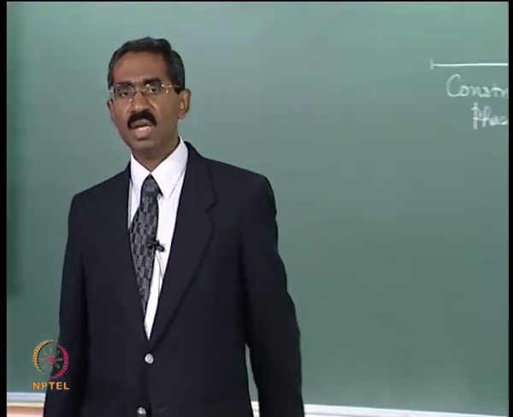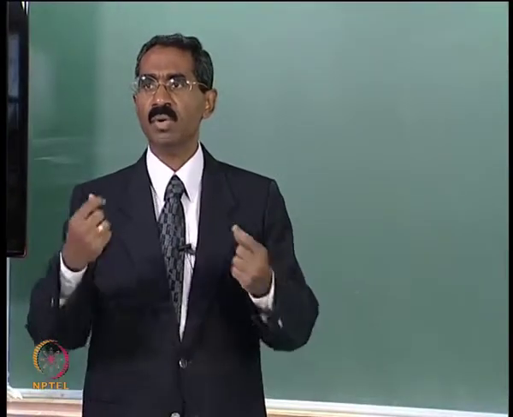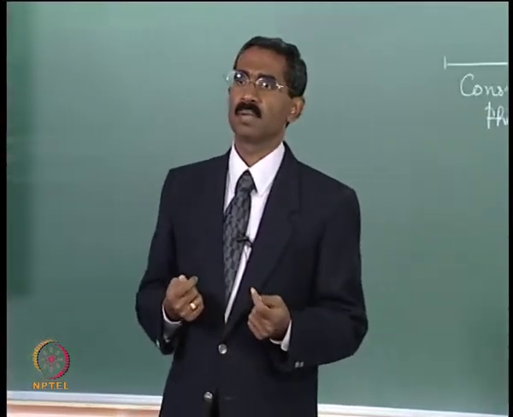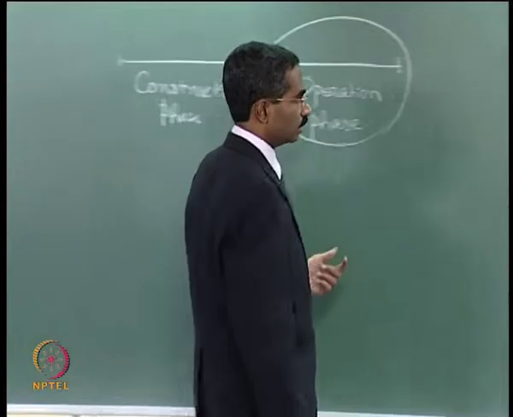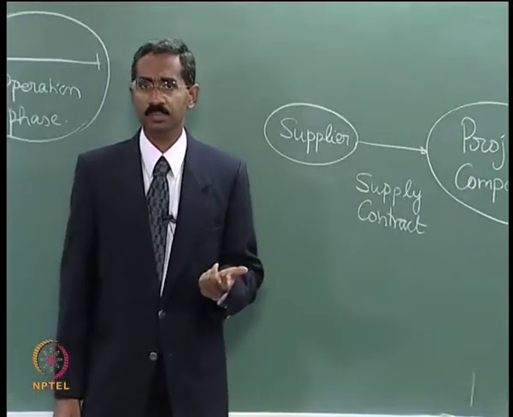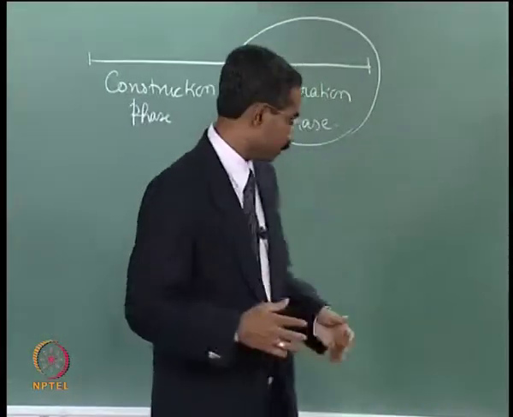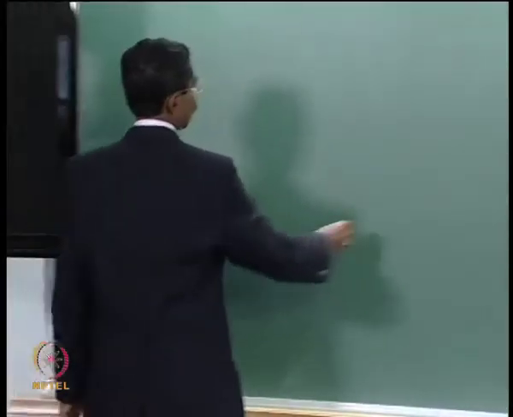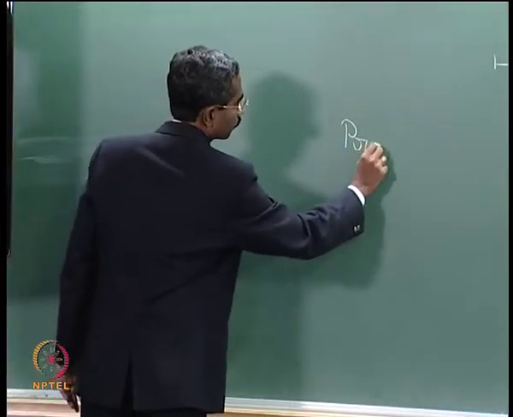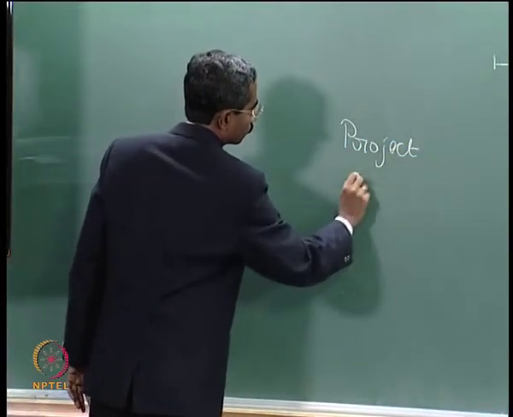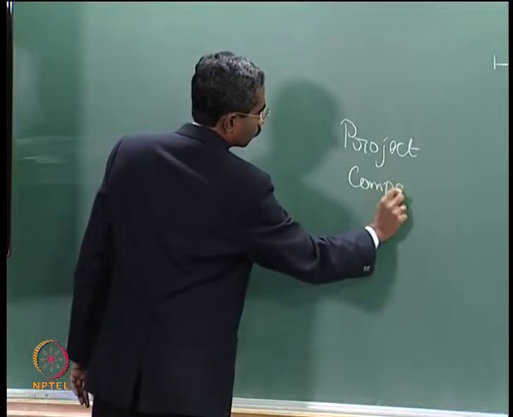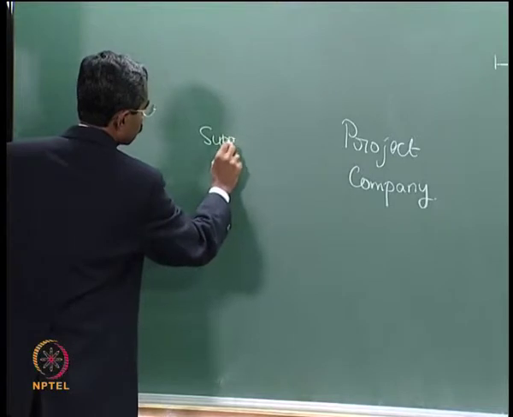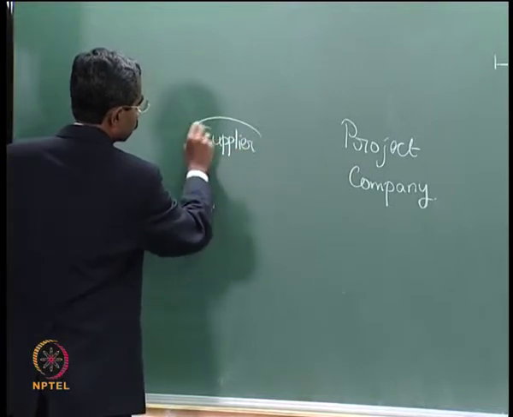The termination can also happen by the project company if there is a default by a guarantor of the input supply contract. So a guarantor, when do we actually use a guarantor? Let us say for example, there is a project company and then there is a supplier.